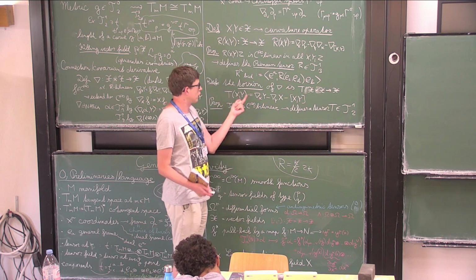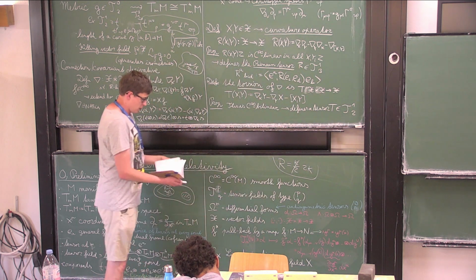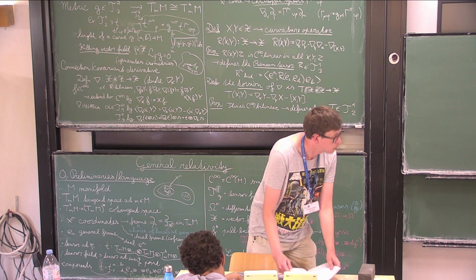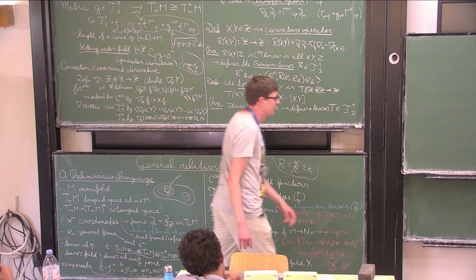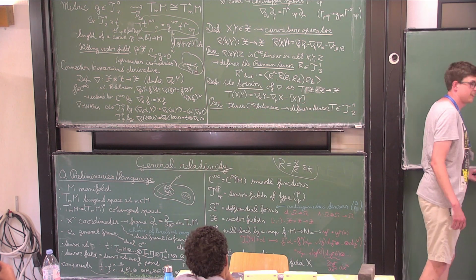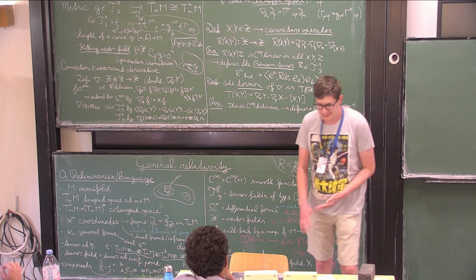It eats two vector fields and produces another one, so it's a tensor of type (1,2). Okay, so far so good. Any questions? No questions. Okay.